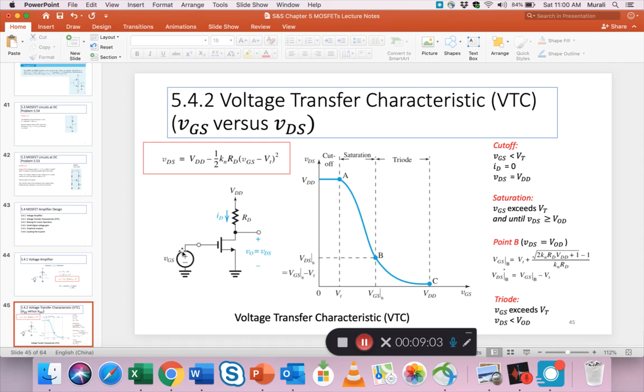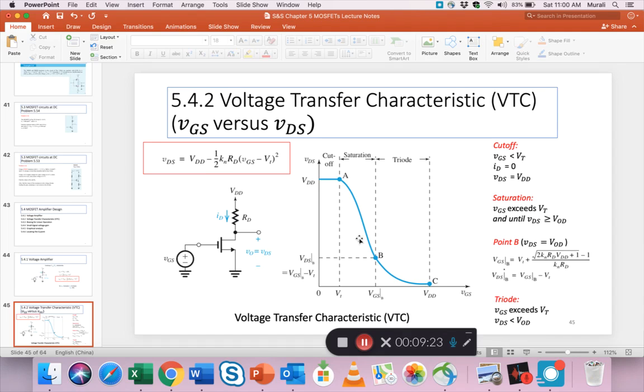We know that unless the gate bias goes above the threshold VT, really nothing's going to happen, right? You are not creating that capacitance, you're not storing enough charge, no current. So that whole region is cut off. That is when this VGS is very low.